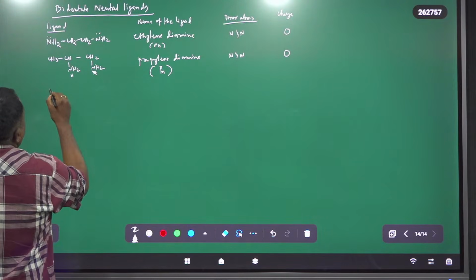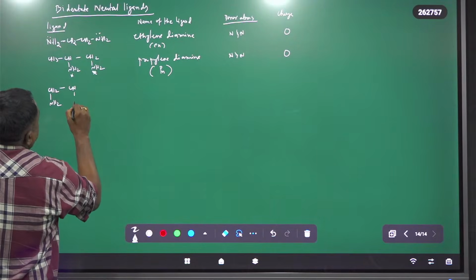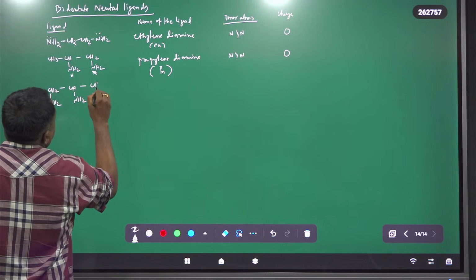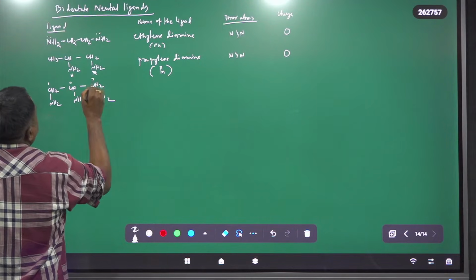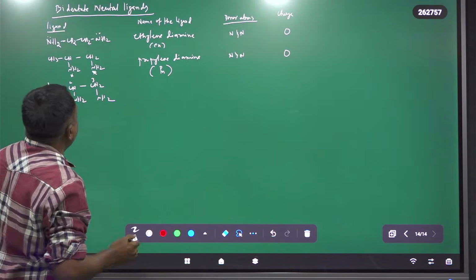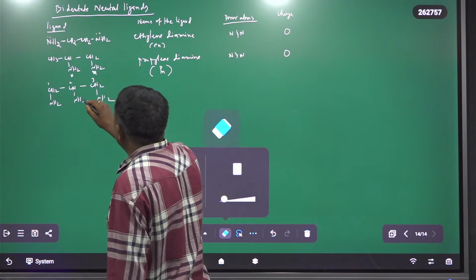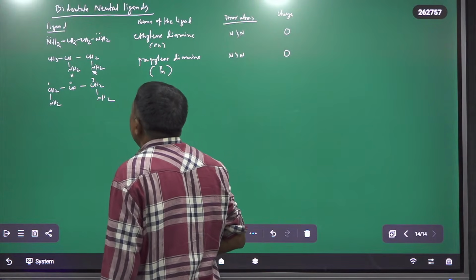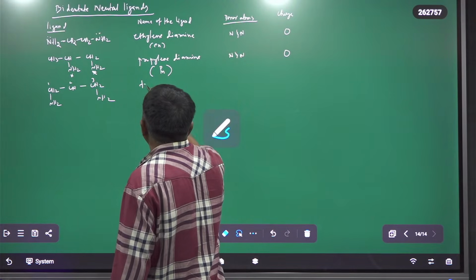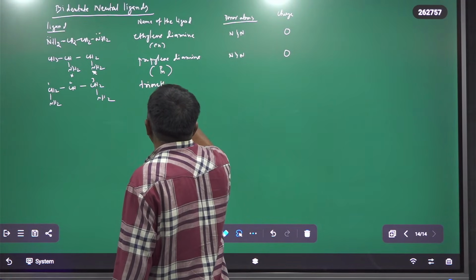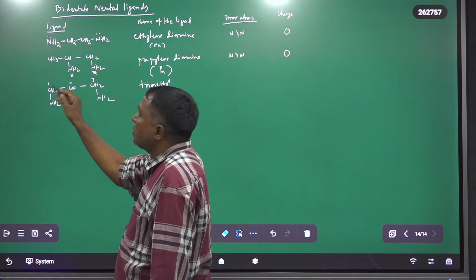And another one: CH2NH2, CHNH2 and CH2NH2, this is trimethylene diamine. In trimethylene, the methylene groups are 3: this is a methylene, this is also methylene, this is also methylene.